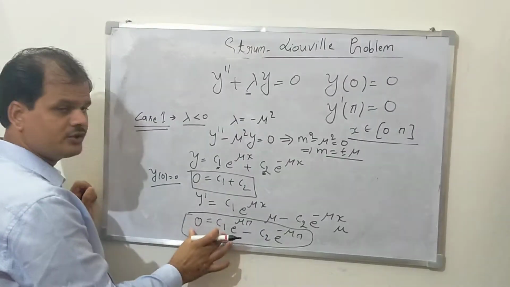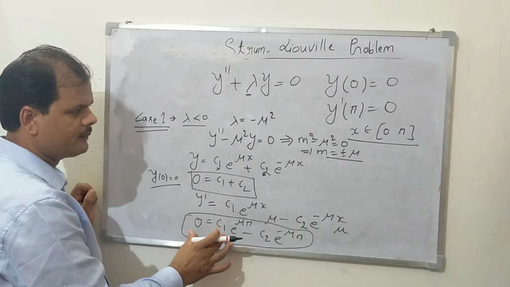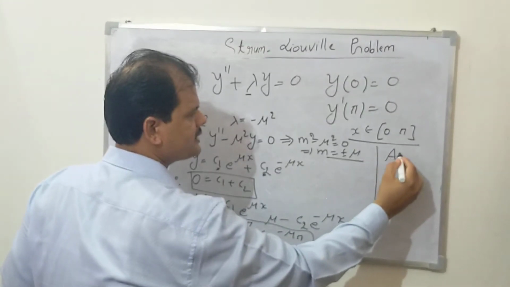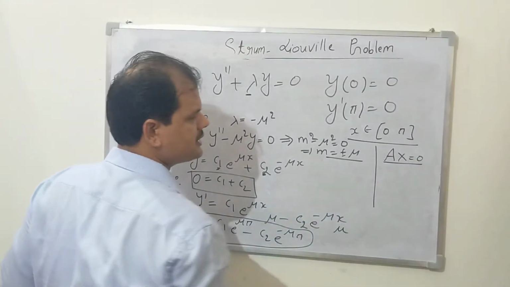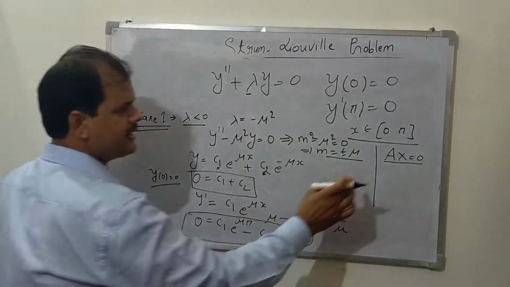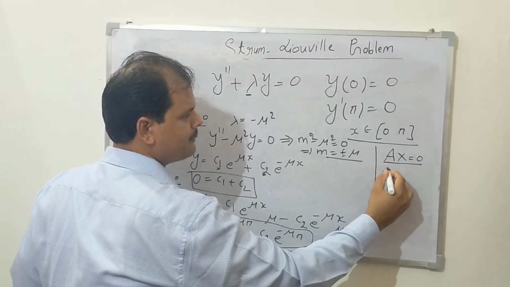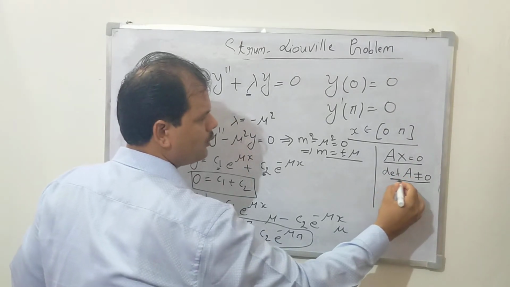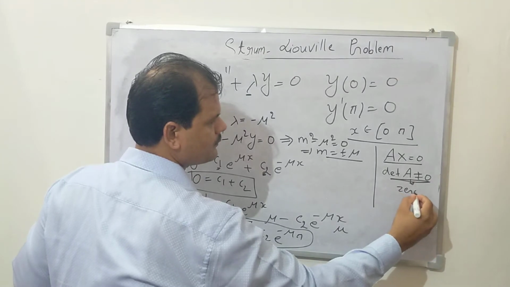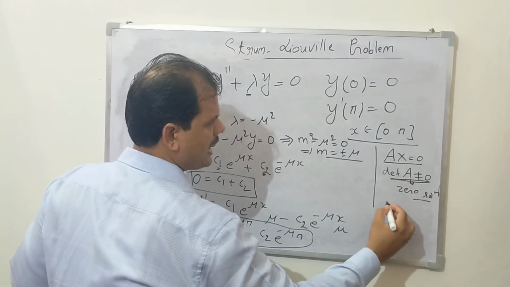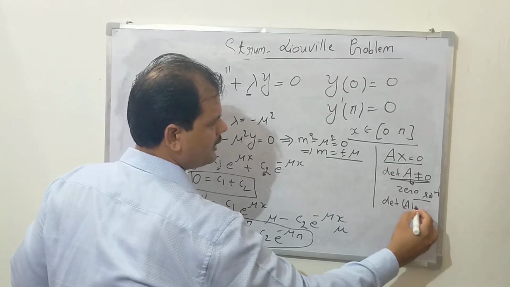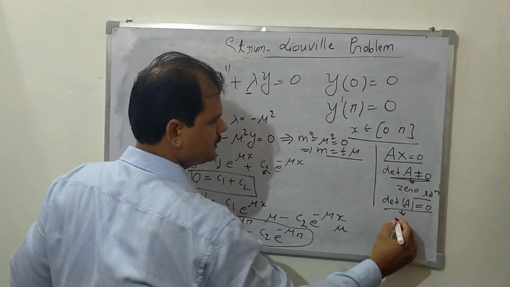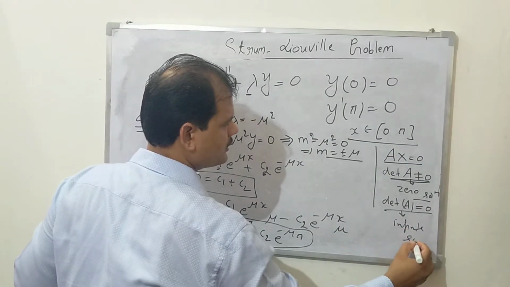So this is a homogeneous system of linear equations. One property we have: if Ax equal to 0 is a homogeneous system of linear equations, where A is the coefficient matrix, then if the determinant of A is not equal to 0, we get only the zero solution, and if the determinant of A equals 0, we get infinite solutions.